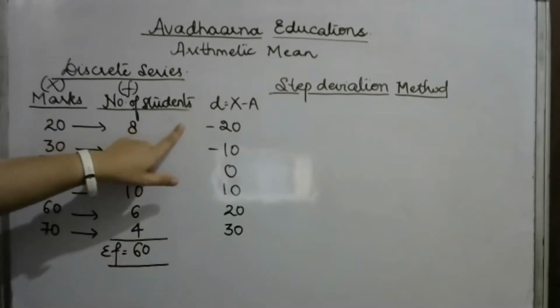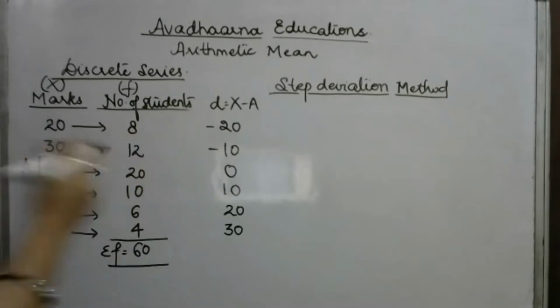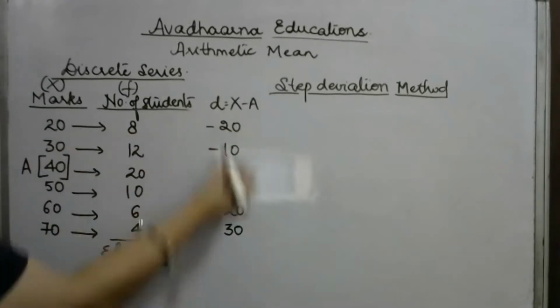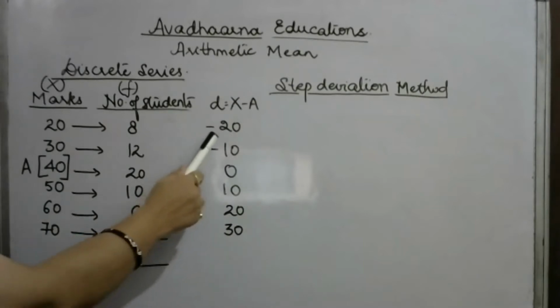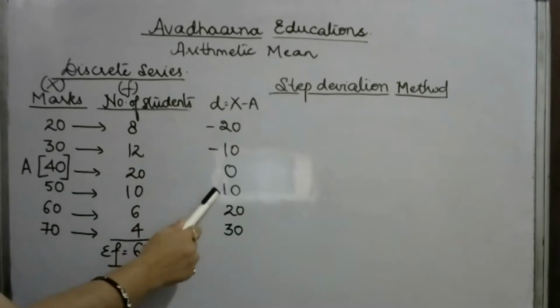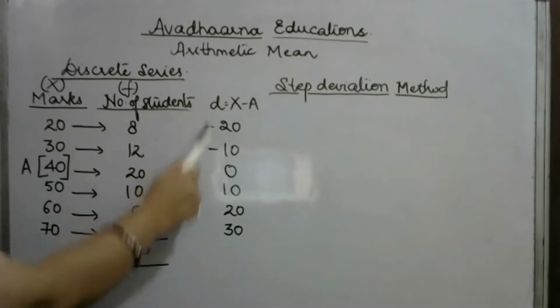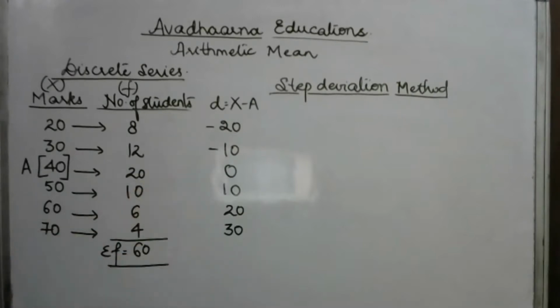Now following the next step, we have to identify what is the common factor over here. Which is the common factor of these deviations? Now look, the figures are 20, -20, -10, 10, 20, 30. So we can easily identify that 10 is the common factor here.